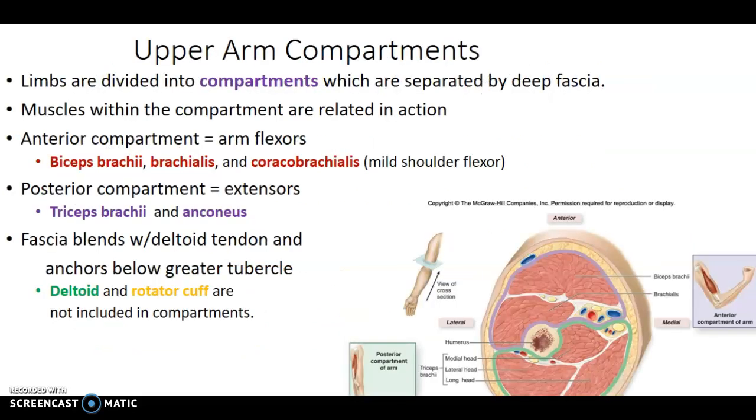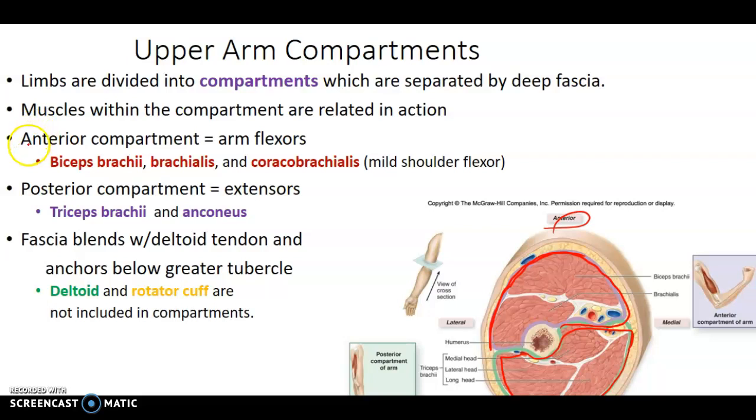So, the upper arm compartment. If you're doing a cadaver dissection, you'd see that there's deep fascia surrounding the anterior and the posterior parts of the arm, separating muscle groups from each other.